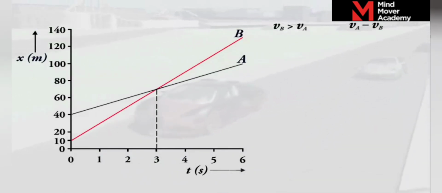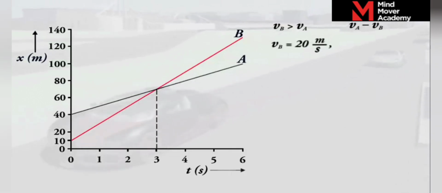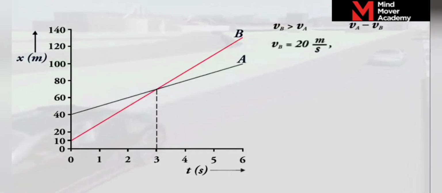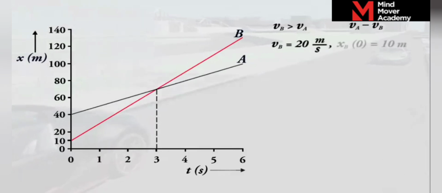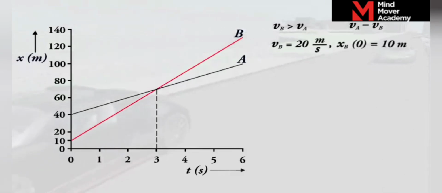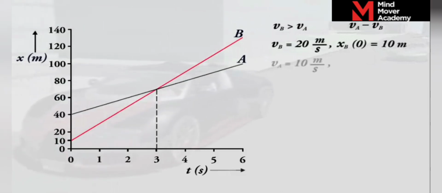For example, suppose VB is equal to 20 meters per second and XB(0) is equal to 10 meters, and VA is equal to 10 meters per second, XA(0) is equal to 40 meters. Then, the time at which they meet is t is equal to 3 s.